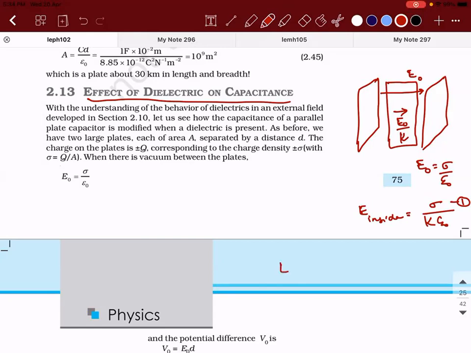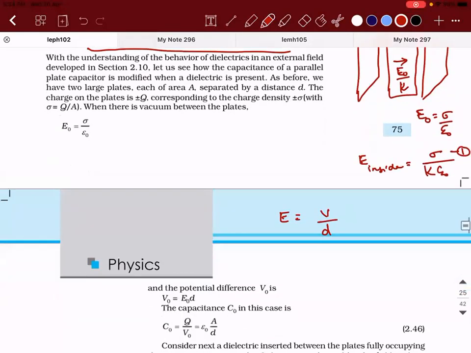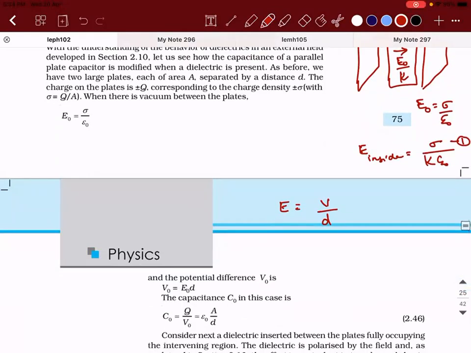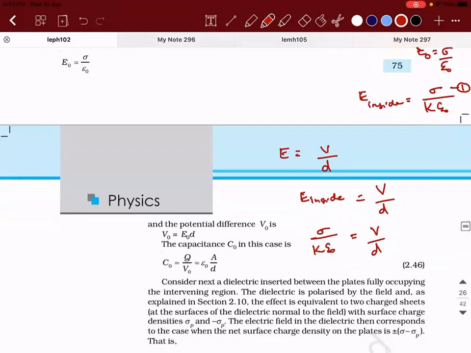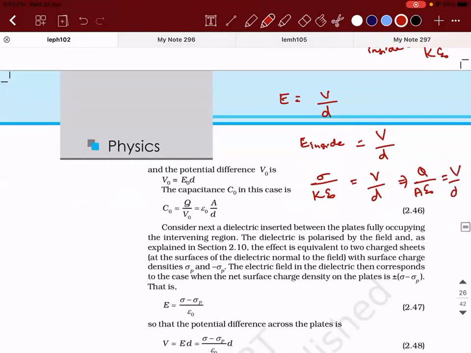If I say E is equal to V divided by D, then the electric field inside is V divided by D. So sigma divided by kappa into epsilon naught is equal to V divided by D. Now sigma can be written as Q divided by A, so Q divided by A into epsilon naught is V by D. Now rearrange the equation so that you have Q by V on the left hand side.